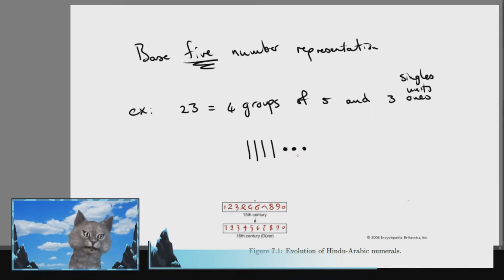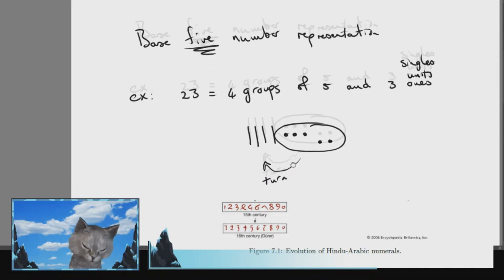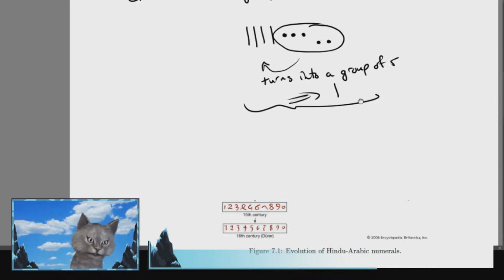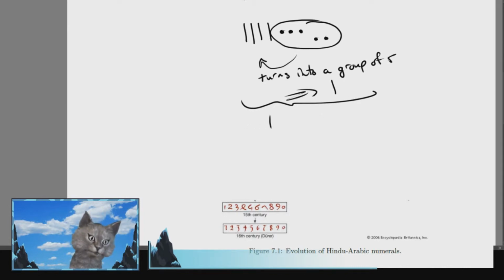As soon as I have 5 of these rocks, if I added 2 more, that would become a group of 5 that rolls over and turns into another finger. And then I would have 5 fingers.